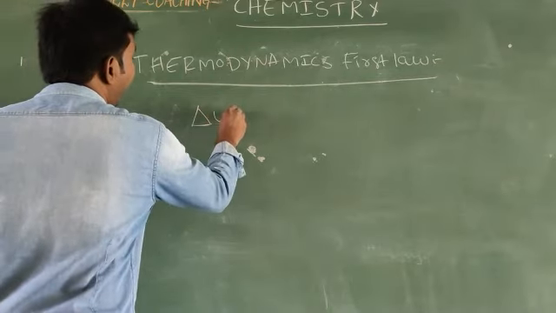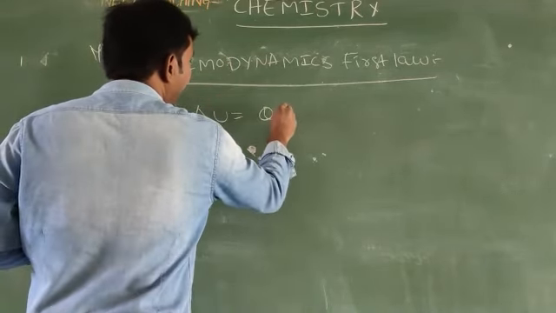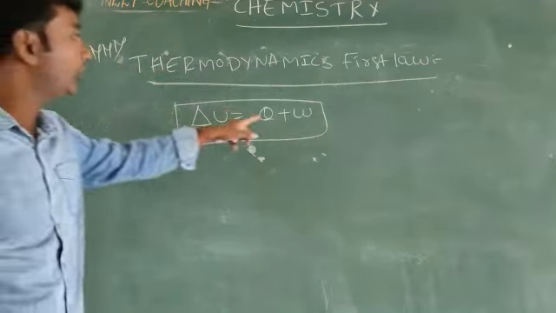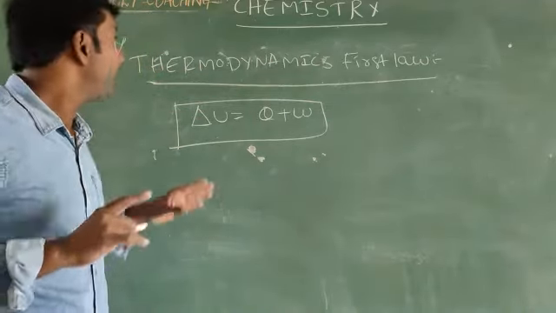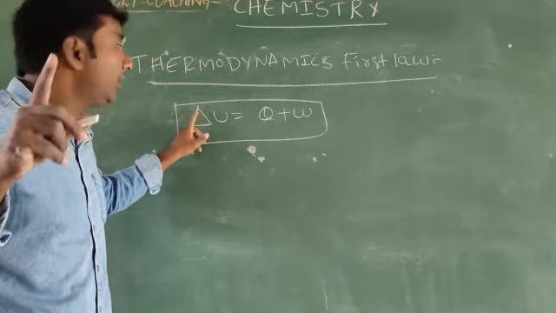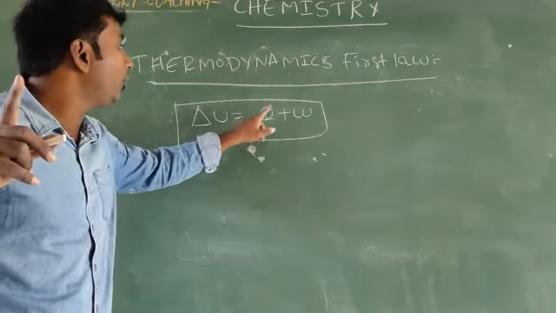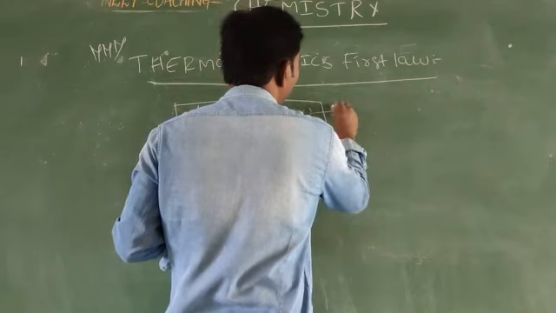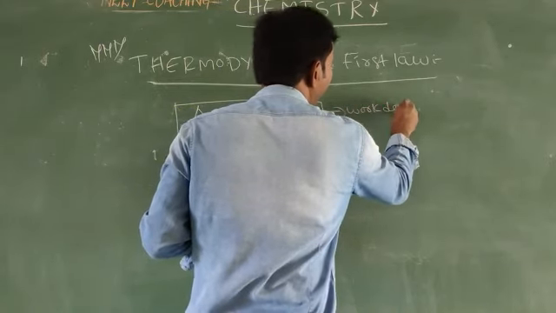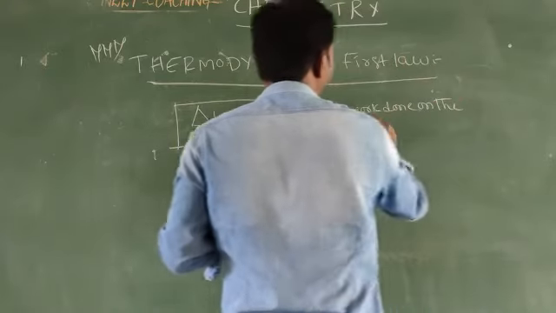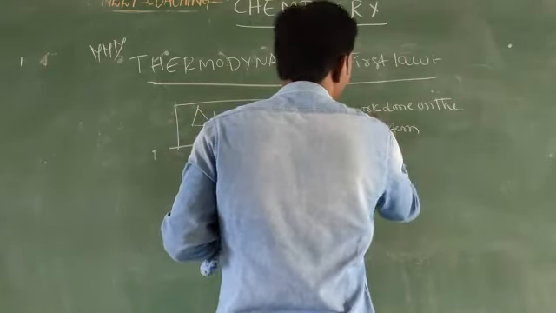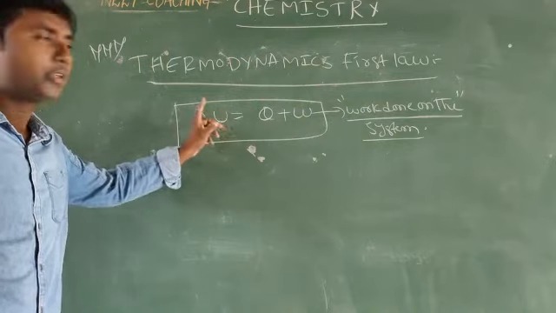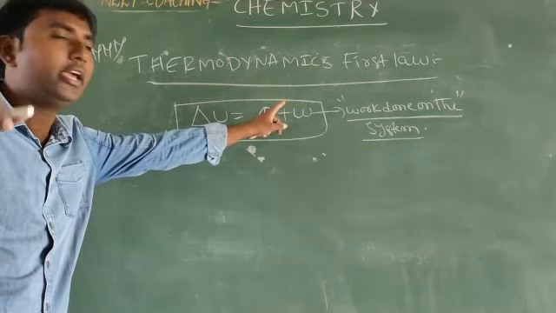Change in internal energy equals heat energy Q plus W. In physics it is commonly Q minus W. In chemistry, the thermodynamic first law is change in internal energy equals Q plus W, where W means work done on the system.